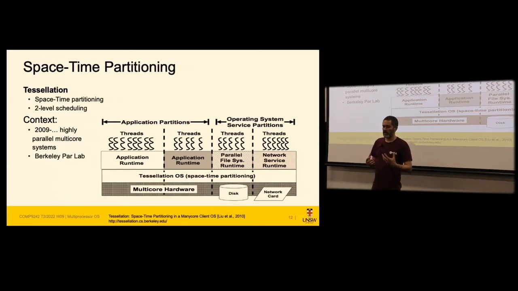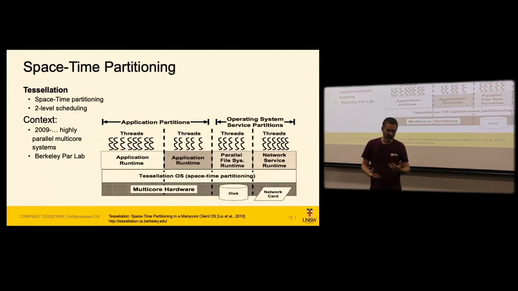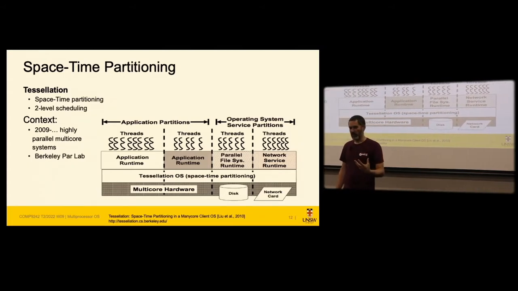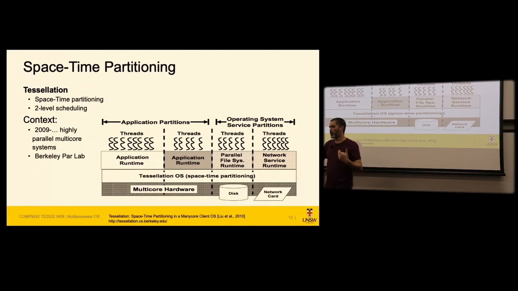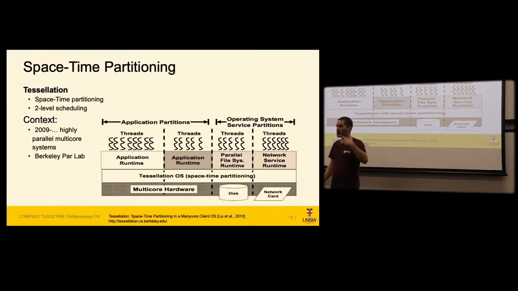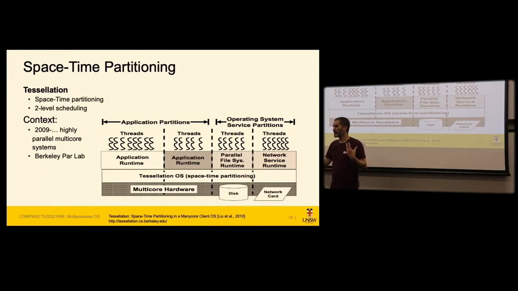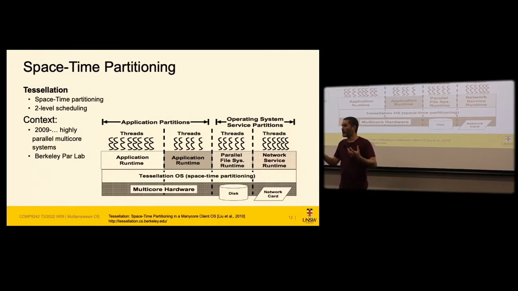And the idea then is that you have these partitions of spatial resources, and then you schedule them all together. Right? It wouldn't make sense, for example, if you have an application that requires 5 cores and another application that requires 5 cores, to schedule 3 of the 5 cores and 4 of the other 5 cores at the same time. Because then they're not going to run very well, optimally.